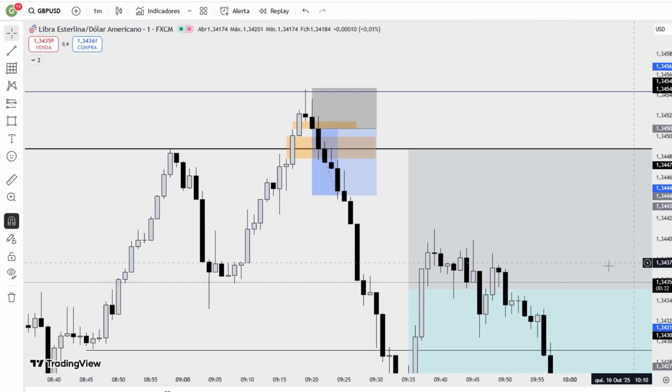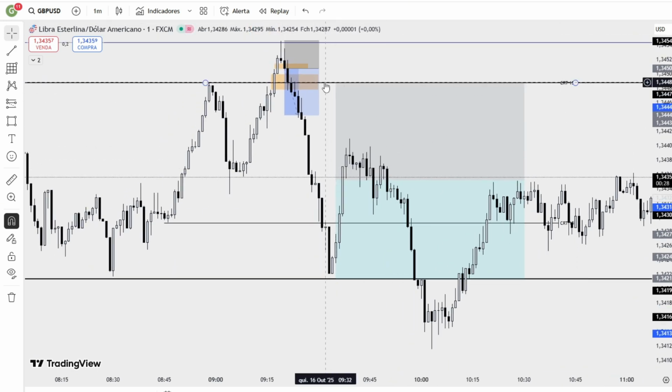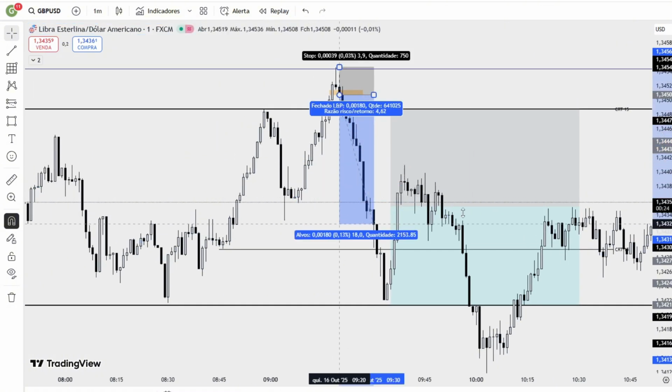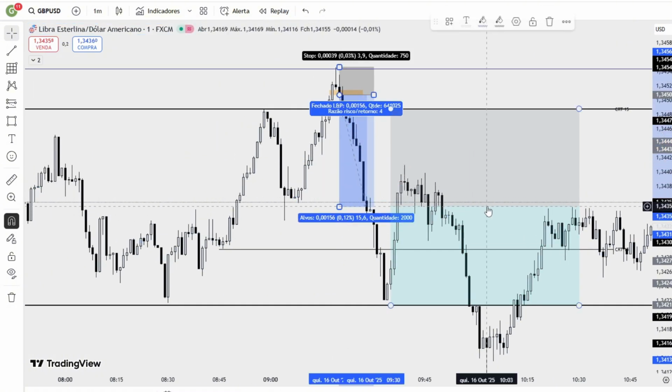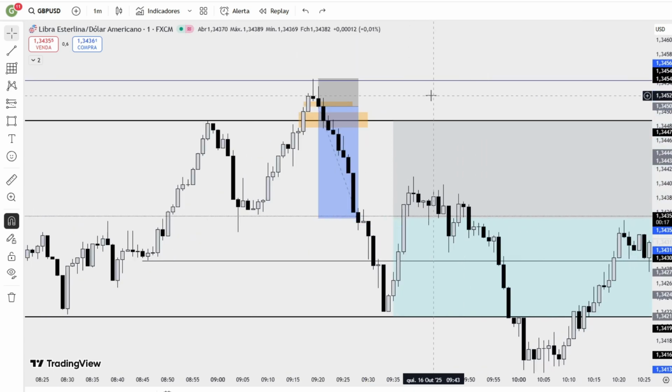And where is our target? It's the 50% of the 5 a.m. CRT, which is this one, the high, the low, the 50%. So here we got our 50%. We have a solid 4R trade here.